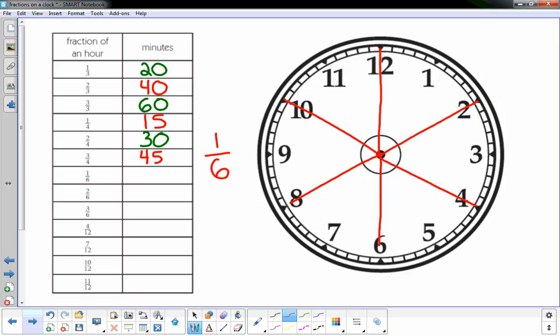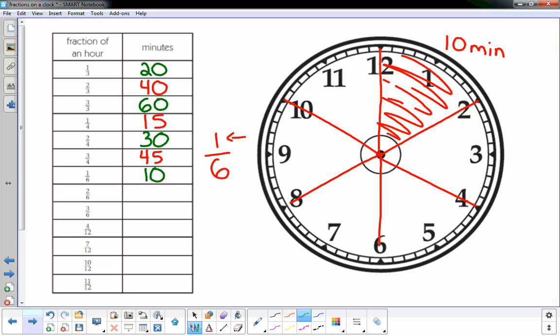And now I just have to find out the top number, which means one of the 6 is shaded in. That's what I'm interested in. 1/6 is 10 minutes. So every 6th is worth 10 minutes. The next one says 2/6. Well, if 1/6 is 10 minutes, then 2/6 is 20 minutes.